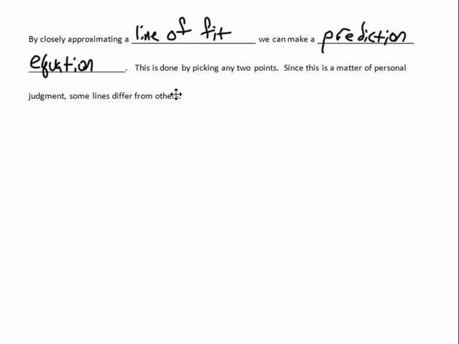This is done by picking any 2 points. So we take 2 points, x1, y1, and x2, y2, and then we can make a line from that. And that's something that we've done all throughout the last unit. Since this is a matter of personal judgment, some lines differ from others.